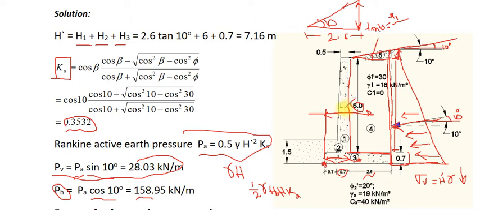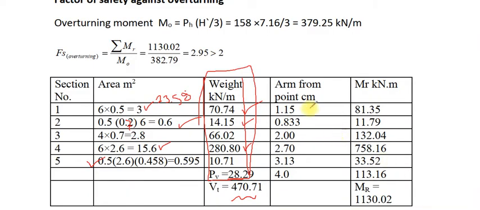And from this section also here, and from the triangular section to this point. So the arm of the first section area is 1.15, and the arms of the second, third, fourth, fifth, and even with respect to the PV, equal 4.